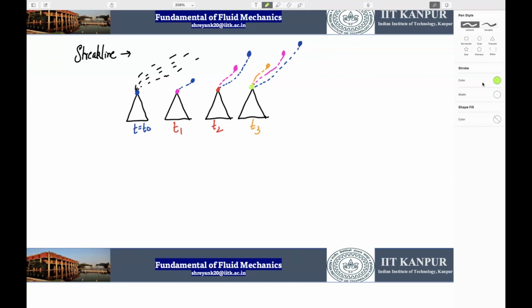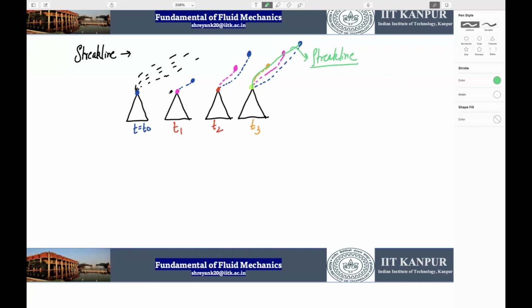So if you connect all of these particles at a particular time t, so if I connect this, basically this line is my streak line.